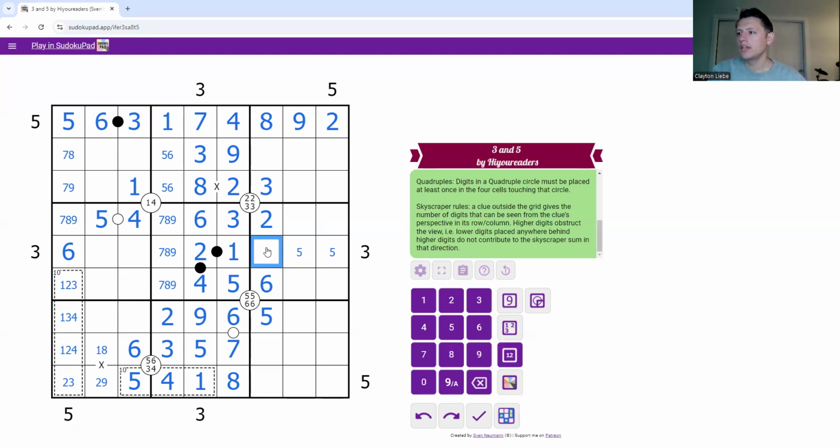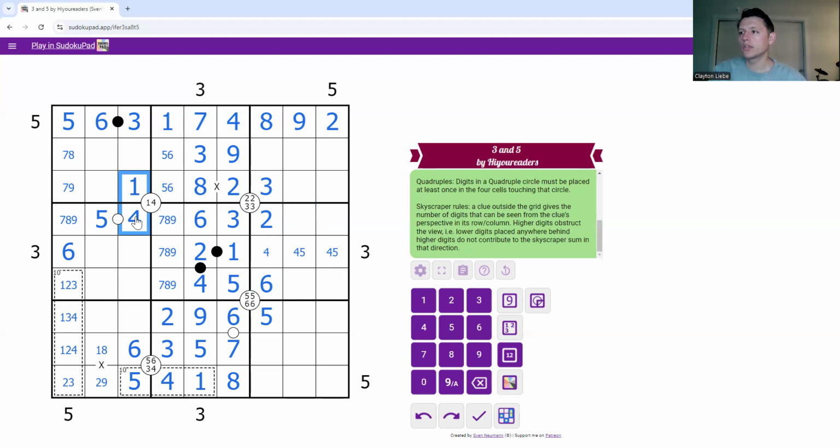In fact, we also have a 4 somewhere over here. But the 3 is less interesting so far.